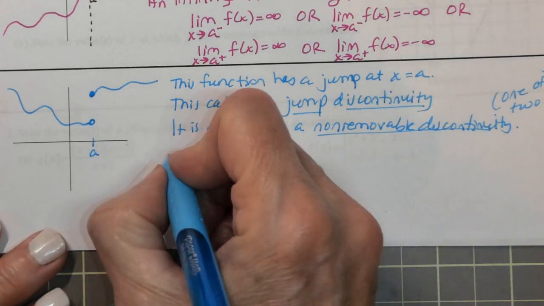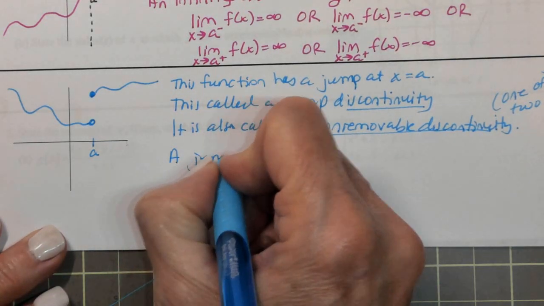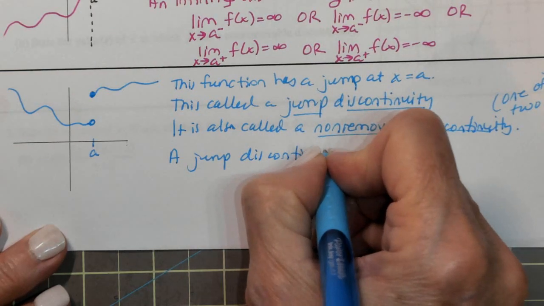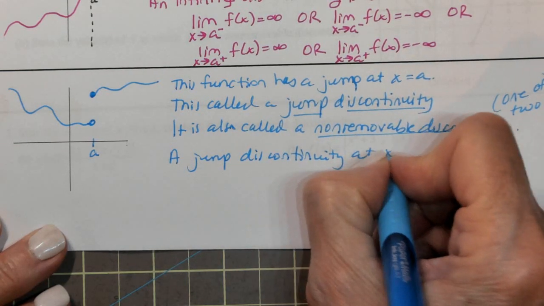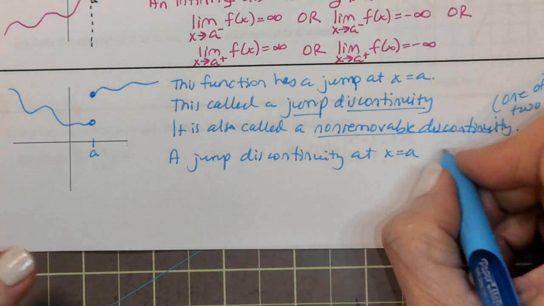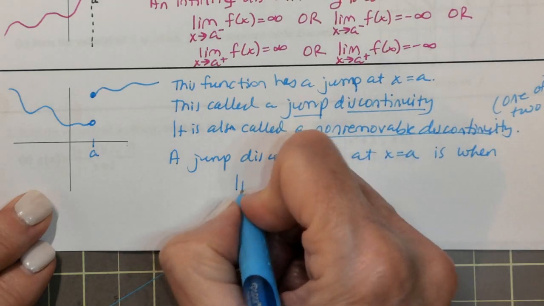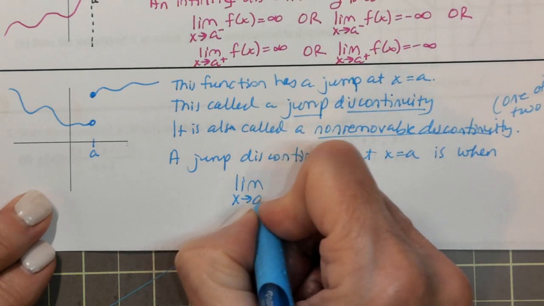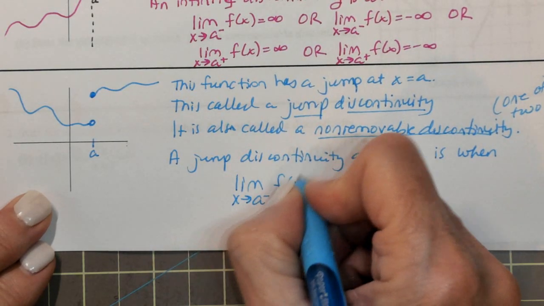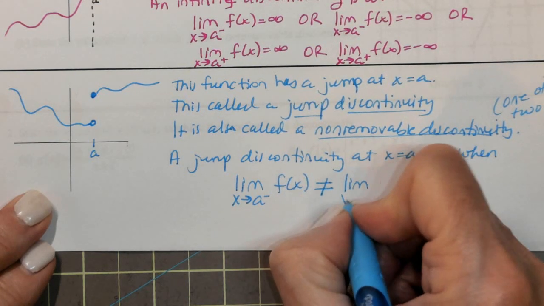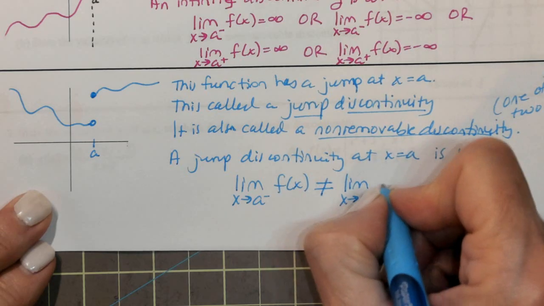A jump discontinuity at x equals a is when the limit as x approaches a from the left is not equal to the limit as x approaches a from the right.